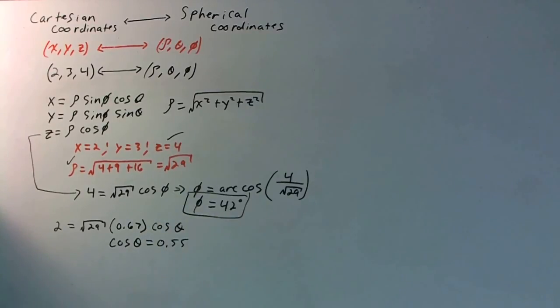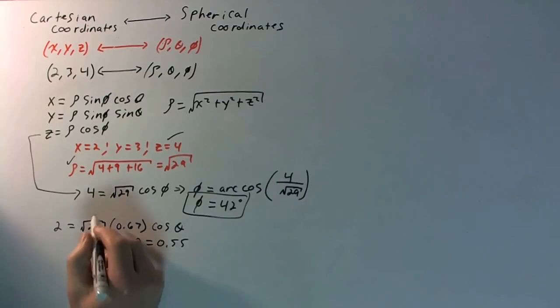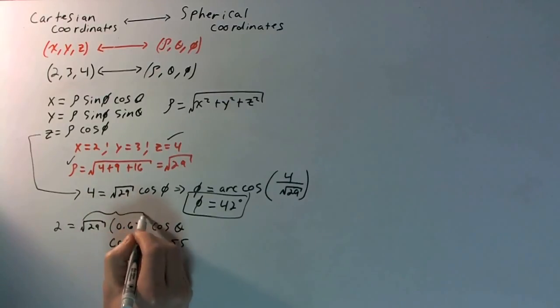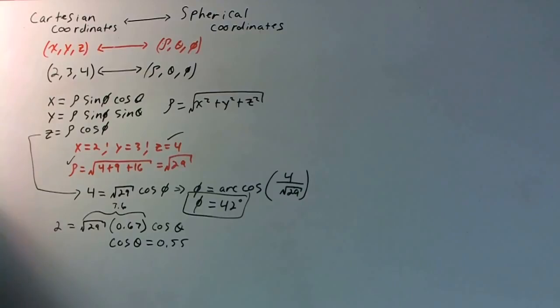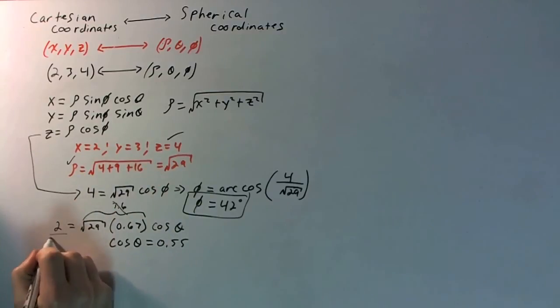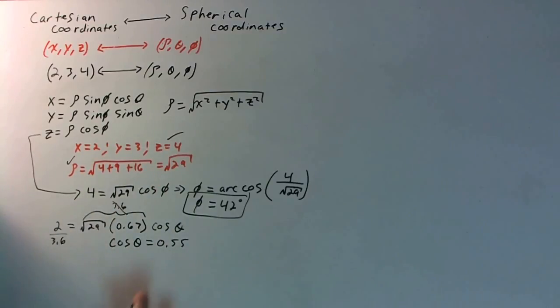So basically what I did was I multiplied these two numbers, and that comes out to 3.6. Then I take 2 and divide both sides by 3.6. This cancels, and then you get 0.55. All right.